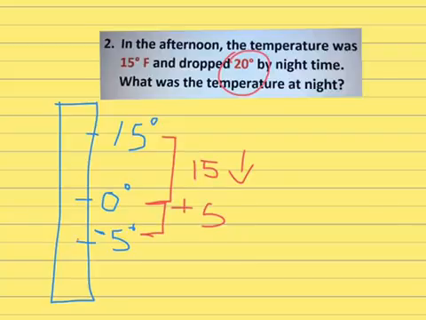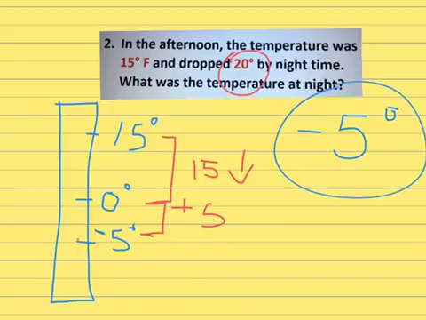So if I start from 15 degrees and drop 20 degrees, I will end up at negative 5. Do you see how 15 plus another 5 that you drop to get to negative 5 is a total of 20 degrees? So if we drop 20, we'll get to negative 5 degrees. So our answer is negative 5 degrees at night.